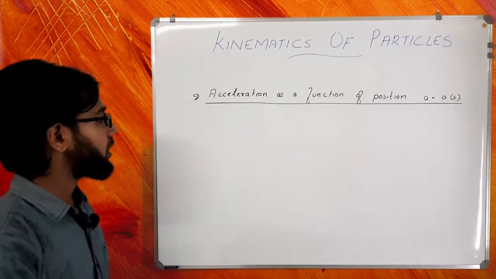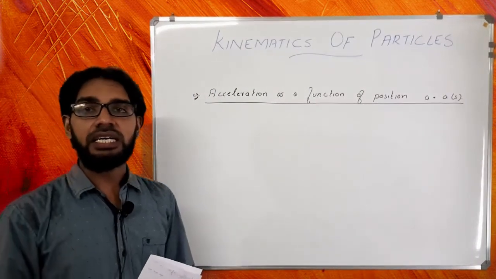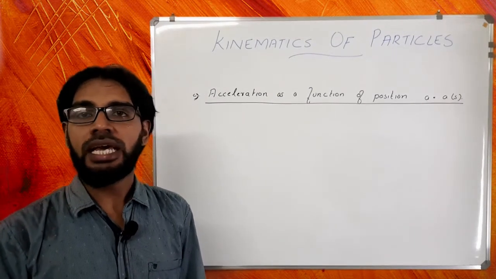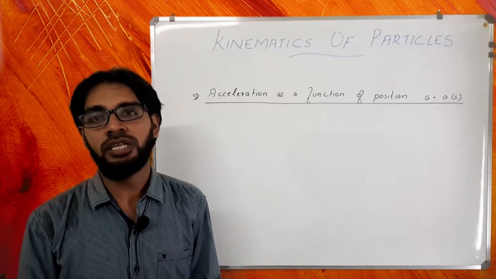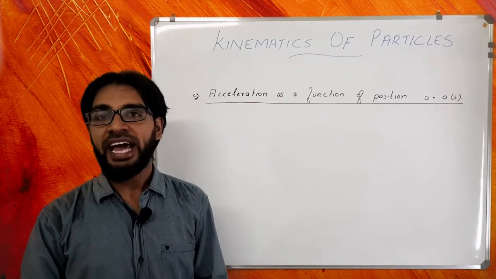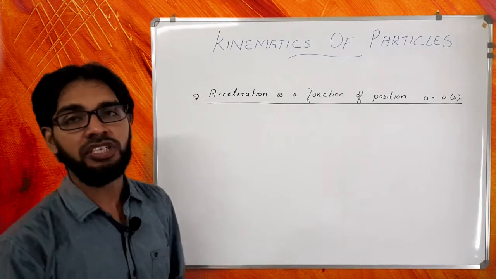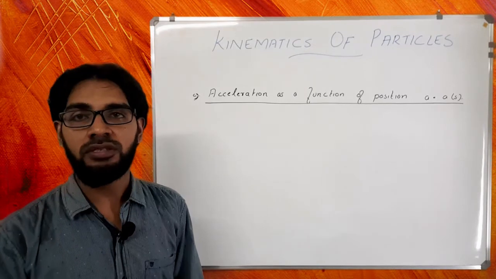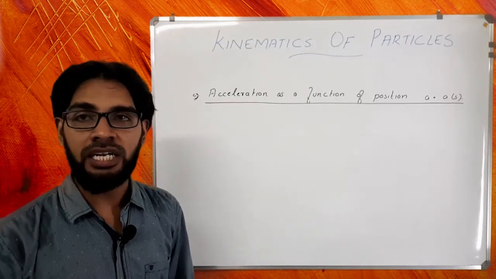Now, the gravitational forces and forces exerted by springs can cause the object's acceleration to depend upon its position. Now if the acceleration is a function of position, we will try to find out the equations as we had done in the earlier case.